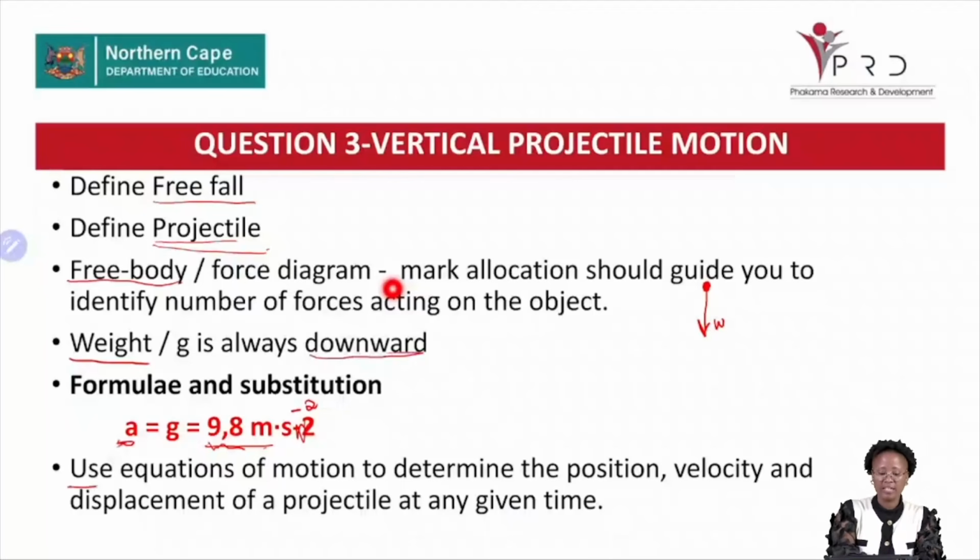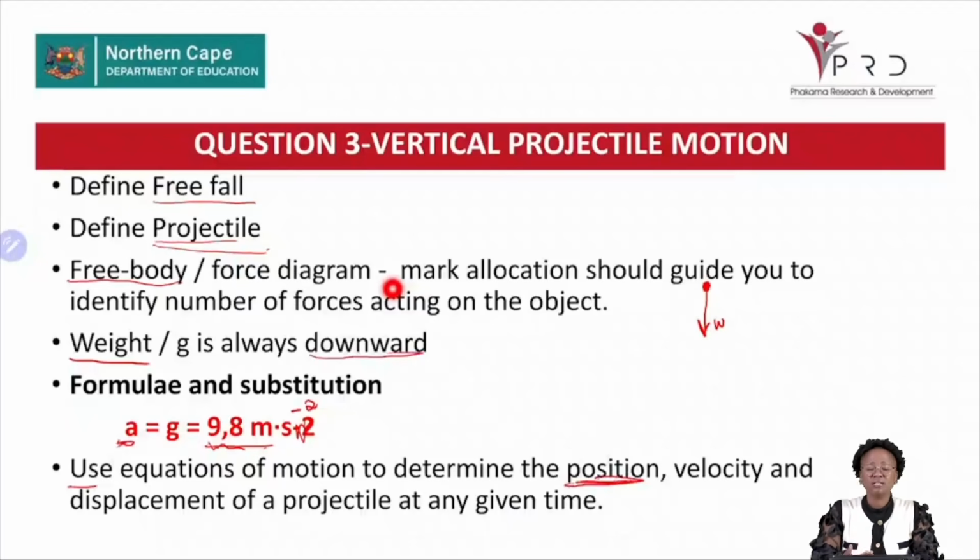All right. Then the next thing, you need to be able to use equations of motions to determine the position, the velocity, as well as the displacement of a projectile at any given time. Now, very much important to remember when you are dealing with vertical projectile motion is that position versus time graph or displacement. We know that position is displacement.